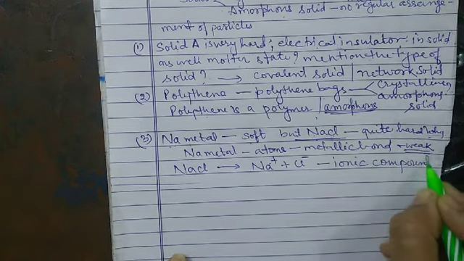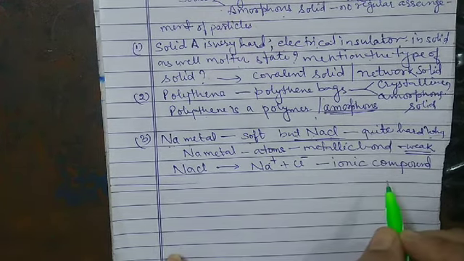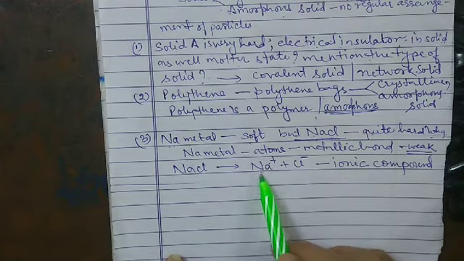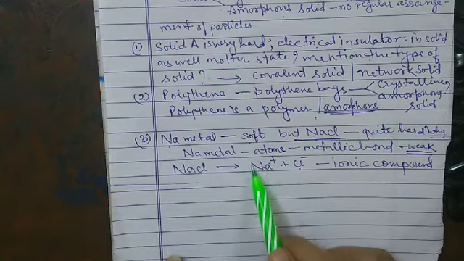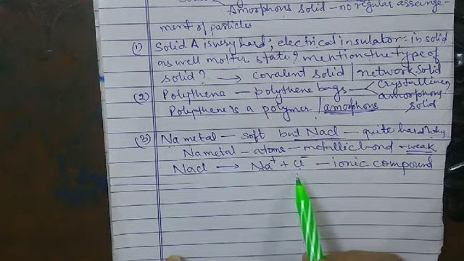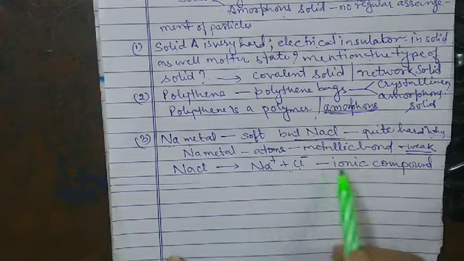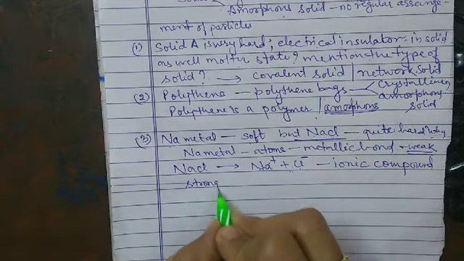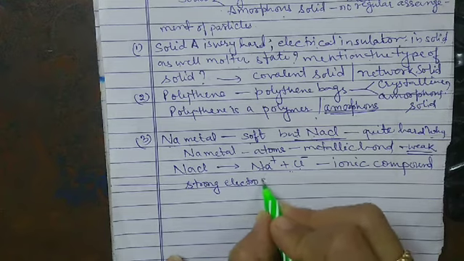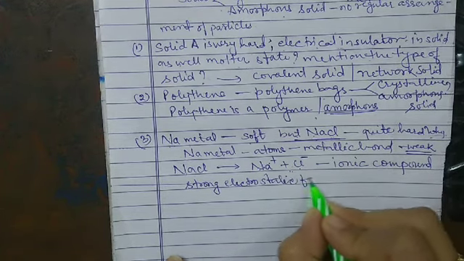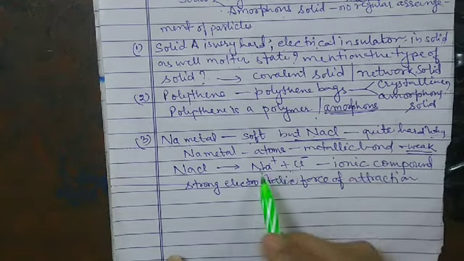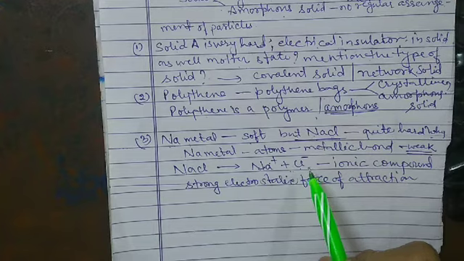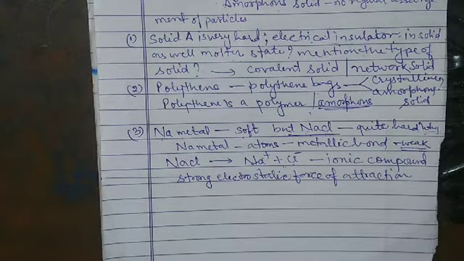It is made by ions. It carries charge. So it is the ionic compound in which the oppositely charged sodium ion and chlorine ion are held together by a strong electrostatic force of attraction, because between the positive ion and the negative ion there is a strong electrostatic force of attraction.